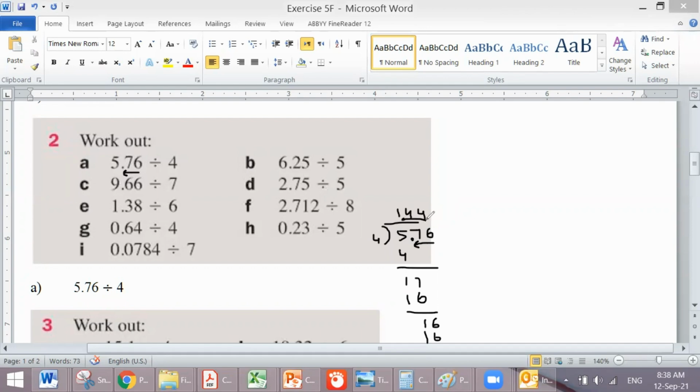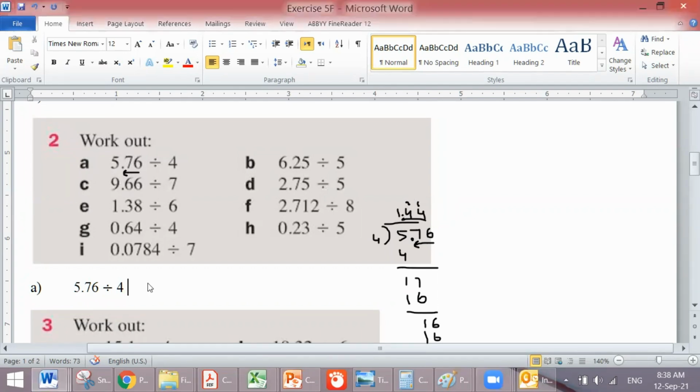So from the right, I will count 2 values. This is 1 value and this is the second value. So after the second value, I will put the decimal point. So the answer will be 1.44.